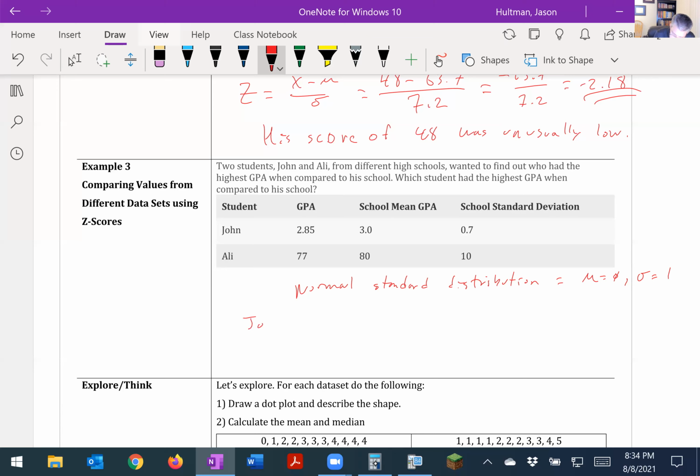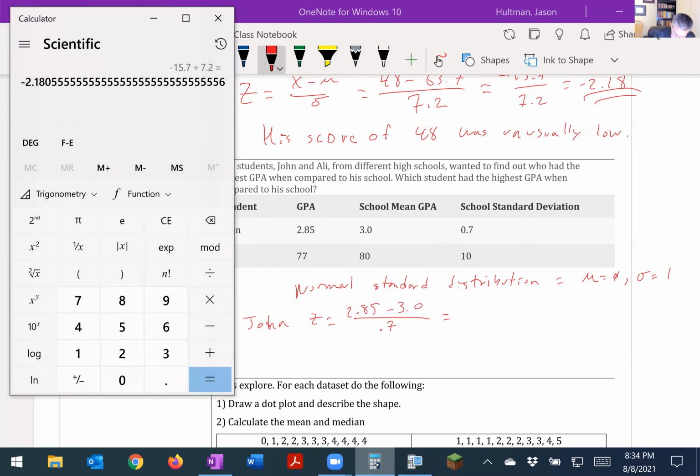Okay, so for John, his z-score is going to be 2.85 minus 3.0 all over 0.7. If I were to plug that into the calculator, 2.85 minus 3.0, hit equals, and divide that by 0.7, I get negative 0.21.